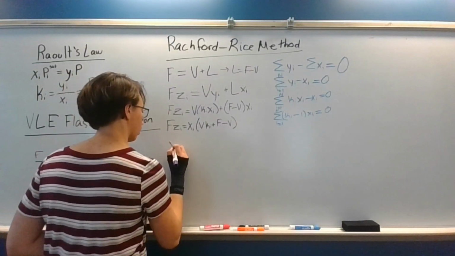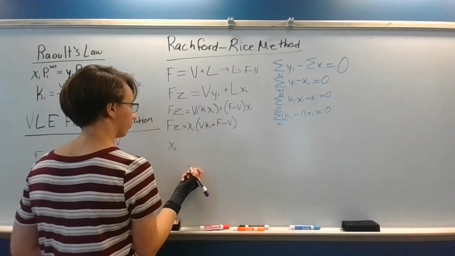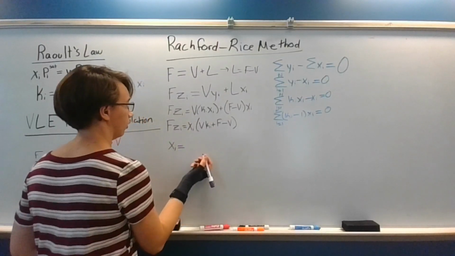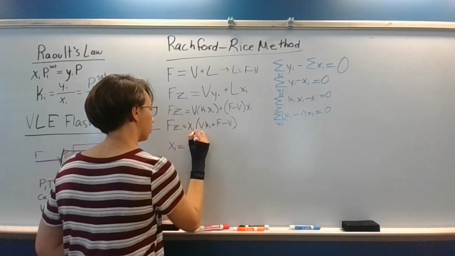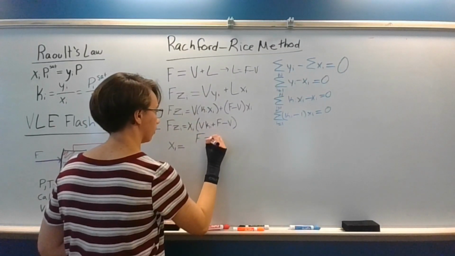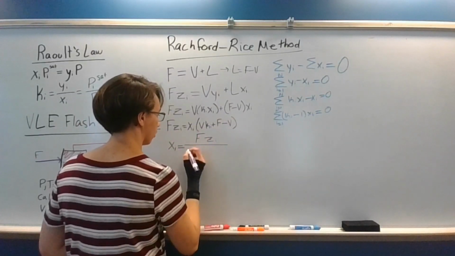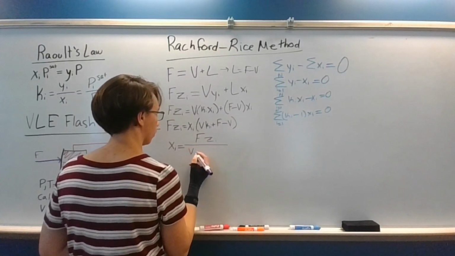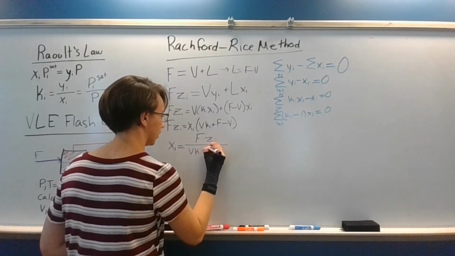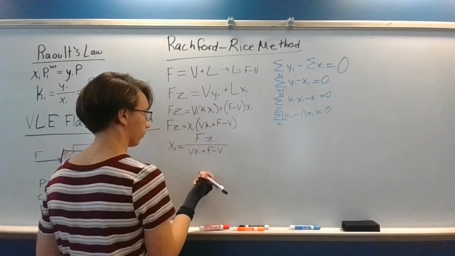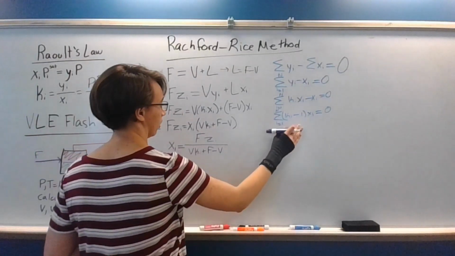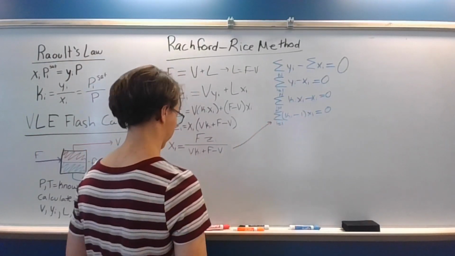So next we'll have the mole fraction in the liquid phase is equal to the moles of feed times the mole fraction in the feed over moles of vapor times Ki plus the feed minus the moles of vapor. Alright, so then we can take this and we can plug it in over here.